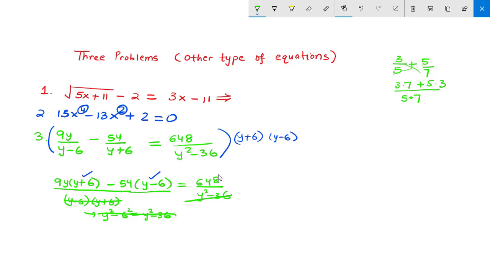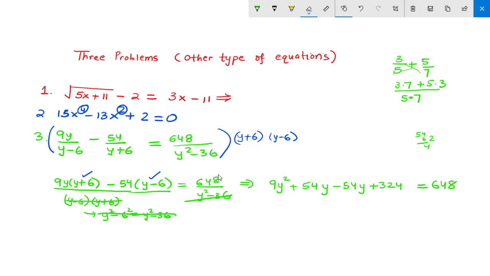So all of the denominators cancel. I am left with, I'm going to distribute 9y. So 9y squared plus 54y, right? Minus 54y and plus 54 times 6. Now 54 times 6 is 324, equals 648.